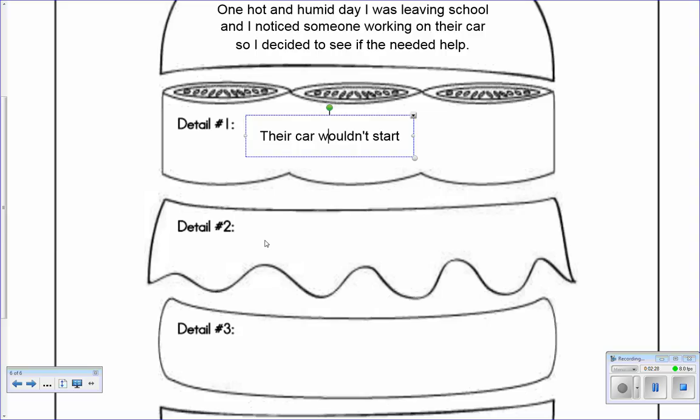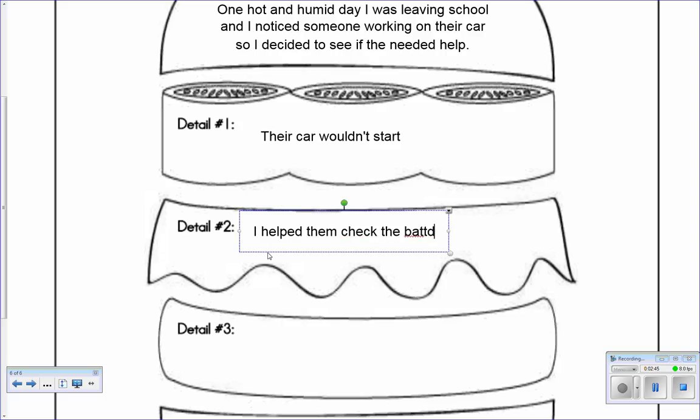After I found out their car wouldn't start, this is going to be my second detail. I spent some time looking at the car and I helped them check the battery on the car. I suspected that since it wouldn't start, it was probably the battery.